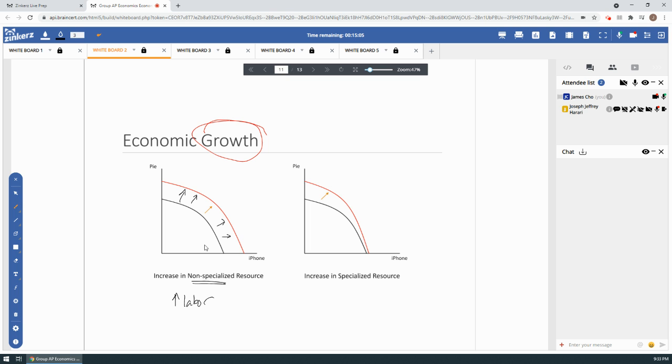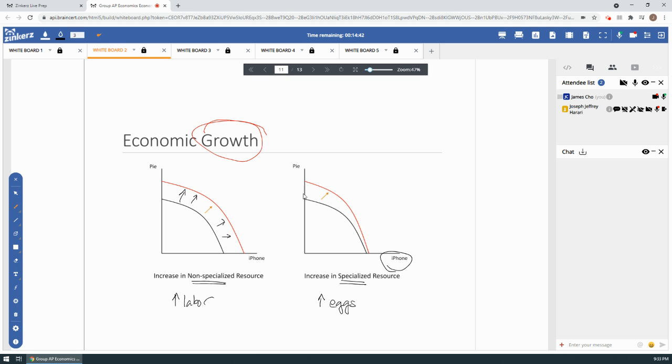But sometimes what happens here is we increase a specialized resource. That means a resource that's really, really good for one of these products, not the other. For example, in this case, let's say I increase my availability of eggs. That really does nothing to my iPhone production. That really doesn't help at all.